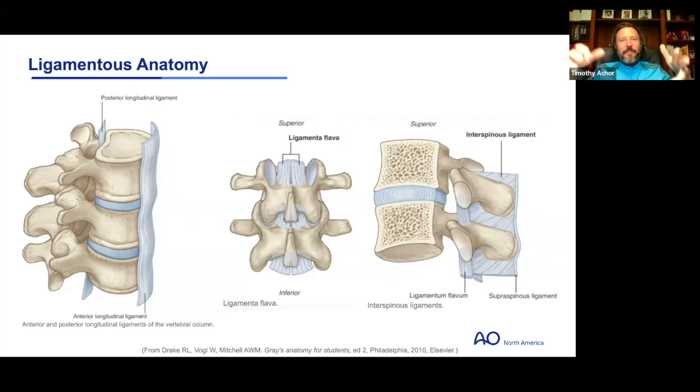It's more in depth, it's more in detail, and they're worried about the ACL, the PCL, where does it connect, and the MCL and the Tommy John surgery. Then you get in the spine, and it's like, oh man, it's a whole other textbook of language and vernacular and structures.